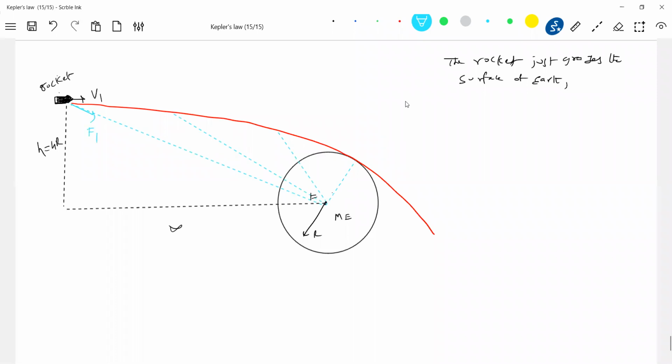When the rocket is here, the force will be F2 and the velocity will be V2. Here V3, F3. So here V and this is F.